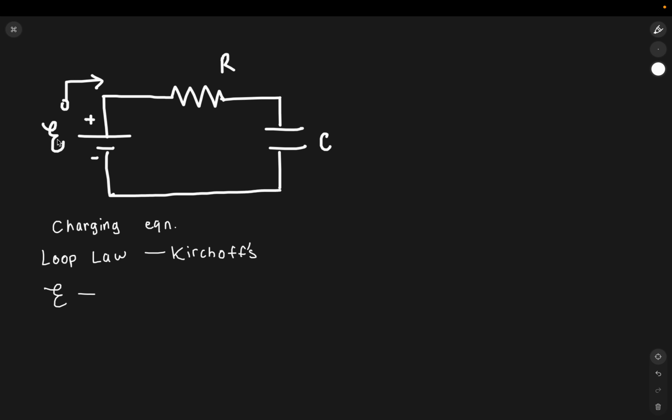Our electromotive force is given by this E. And we recall our capacitor equation, Q equals CV, so the voltage dropped over the capacitor is Q over C. And this will all add up to zero because, again, by the loop law, everything going around this circuit is eventually going to go from high to low, and everything will sum to zero.